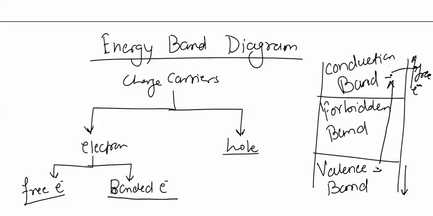If this bonded electron is moved from valence band to conduction band, there will be a deficiency of electron which is called hole. This deficiency will remain in valence band itself. So now I can say that the valence band represents energy of holes present in the material.